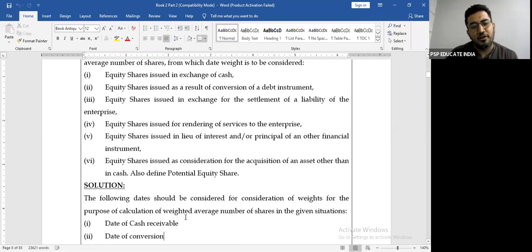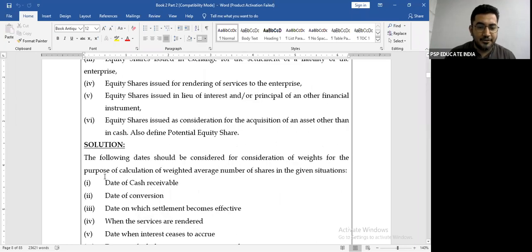Okay, come to the fifth one. Equity shares issued in lieu of interest or principal or any other financial instrument. What will you take? Date on which the interest ceases to accrue.